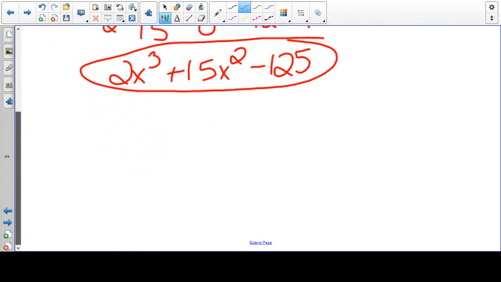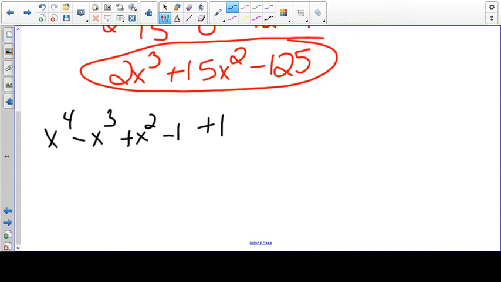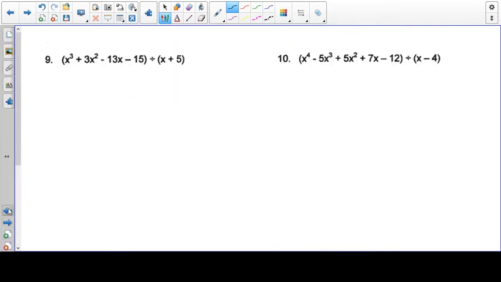Alright, I have to rewrite number 8 because I ran out of room.